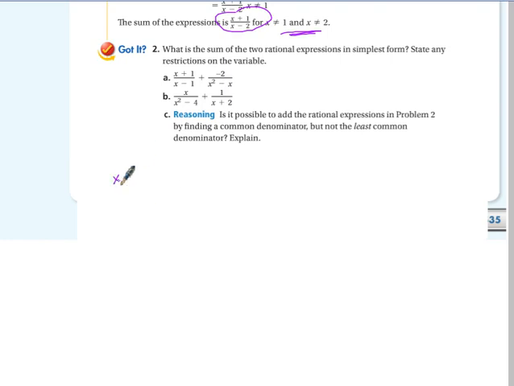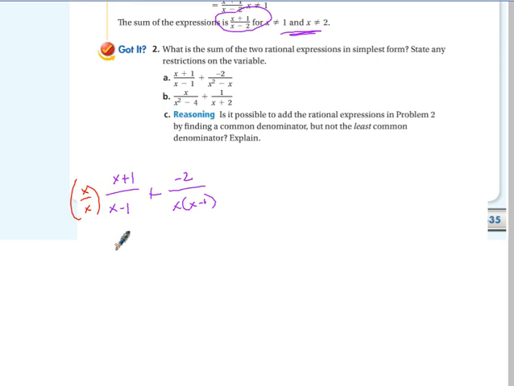So we have (x plus 1) over (x minus 1) plus negative 2 over x squared minus x. I'm going to factor this so that it's x times (x minus 1). What I notice is that for the denominators to be the same, I need to multiply the denominator on the left by x. So I'm going to multiply this by x over x.